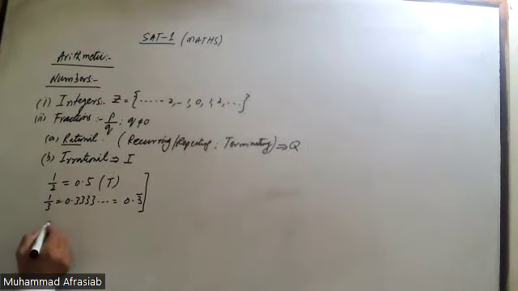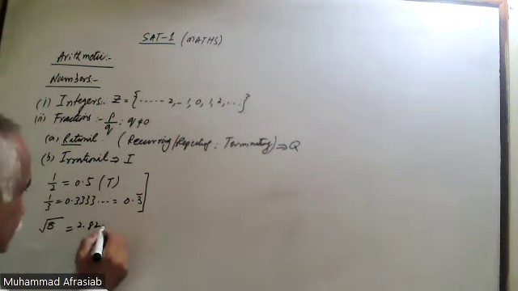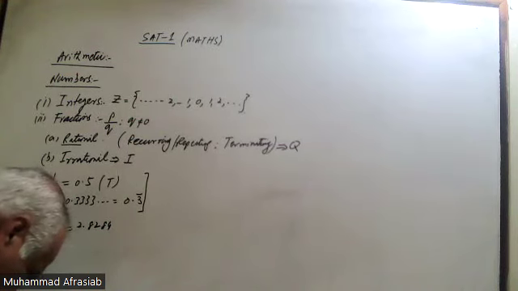But if a number like this, that you are going to find out the square root of 8, which is basically equal to 2.8281.